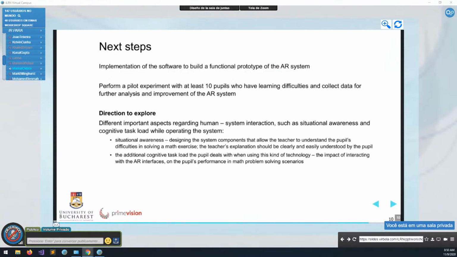Because while he wears the headset, he has to perform some actions and interact with the system, and we have to see whether the interaction with the system has a negative impact on the capacity of solving an exercise, whether that impact affects the pupil negatively. These are some things that have to be studied when we develop such a system.